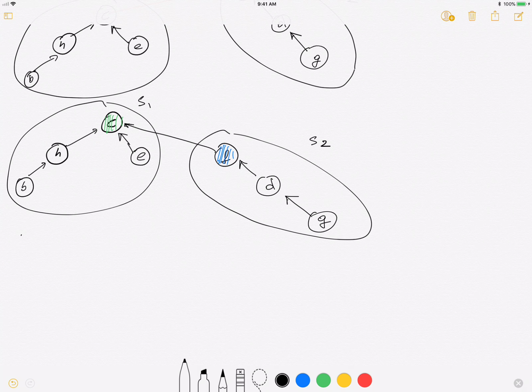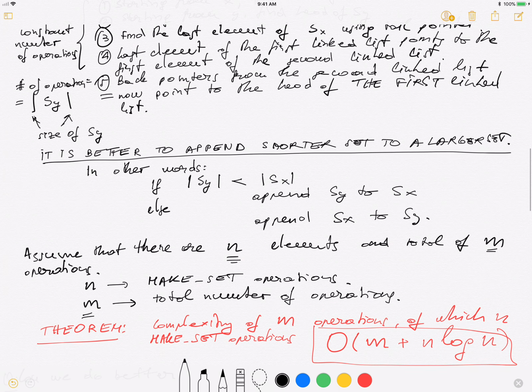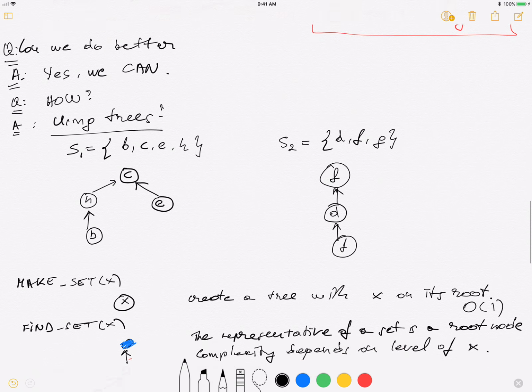So what are the heuristics? Remember, and it's not very difficult to remember, that when we represented disjoint sets using linked lists, I basically checked the number of elements, in other words, the length of each linked list, and then I merged the shorter linked list to the larger linked list.